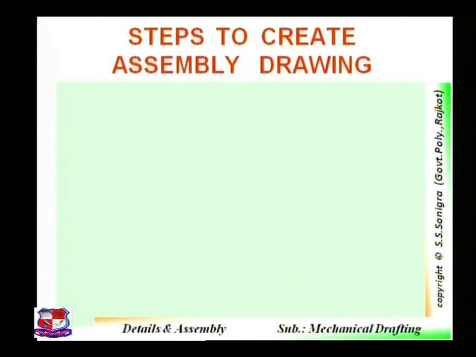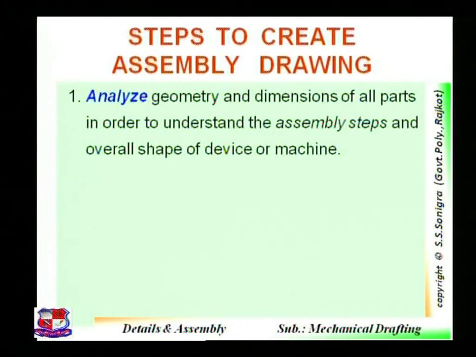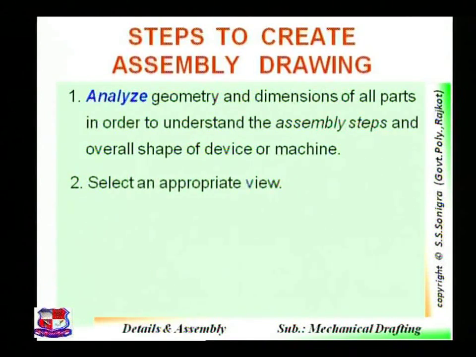Now, steps to create assembly drawings. First step, analyze the geometry and dimensions of all parts in order to understand the assembly steps and overall shape of the device or machine. That is the first step. You have to analyze the geometry. The second step, select an appropriate view.